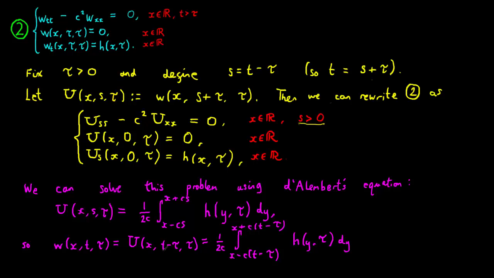And then everywhere that we saw s, we're going to replace with t minus tau in this expression. So we get 1 over 2c, the integral from x minus c(t minus tau) to x plus c(t minus tau) of h(y, tau) dy. So that is now the expression for w. So we've solved problem 2, we know what w is.